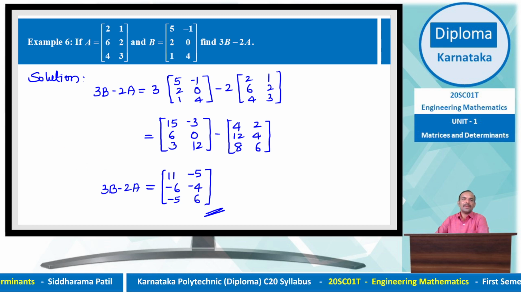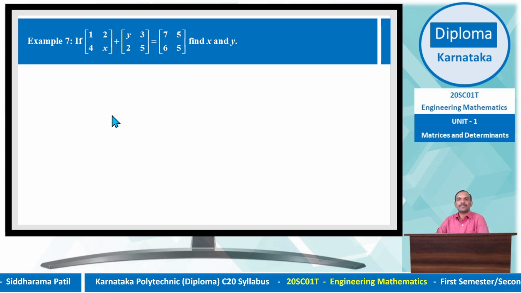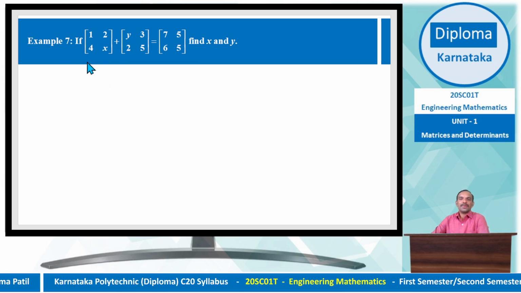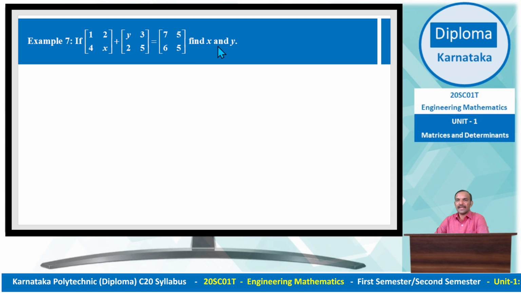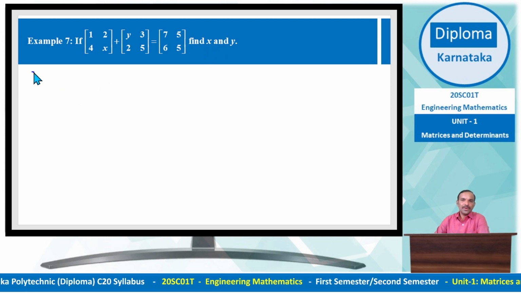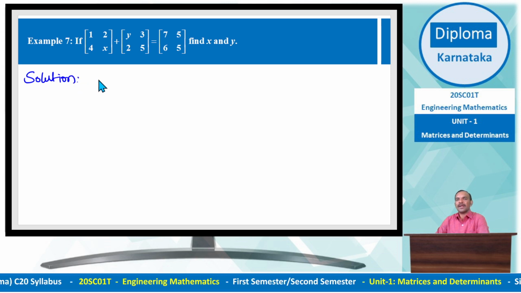Example number 6 done. Next, example 7. If one equation is given, find x and y. Solution. A sum of matrices is given, and there are two unknowns, x and y.